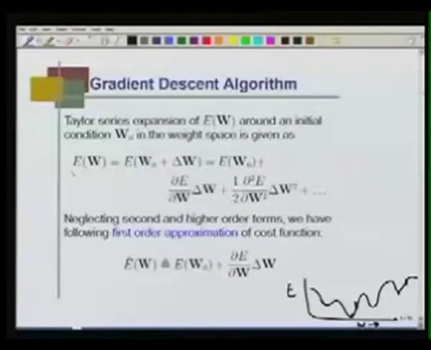So, what does gradient descent do? Let us think about the function that we are trying to minimize, the error function E(W). If I expand this error function around W naught, some initial point, with a Taylor series expansion, then you get E(W naught) plus del E by del W times delta W at first order, plus a second order term, del square E by del W square times delta W whole square, and so on.